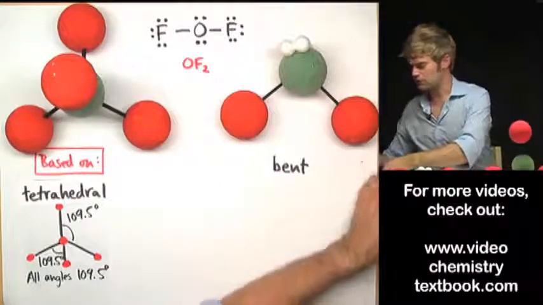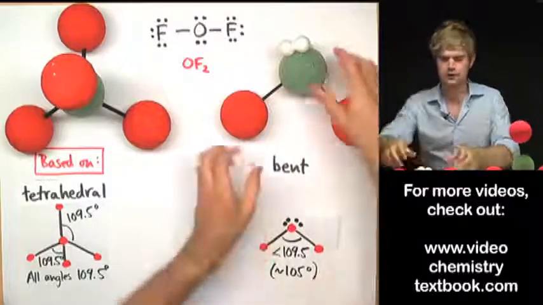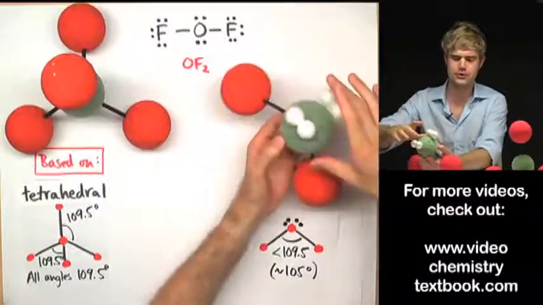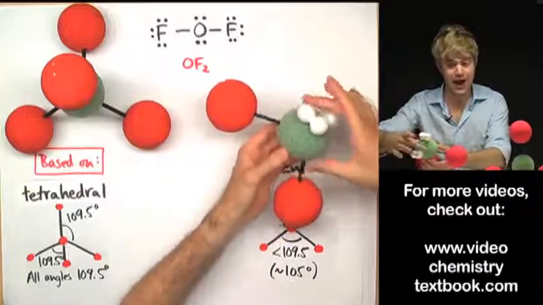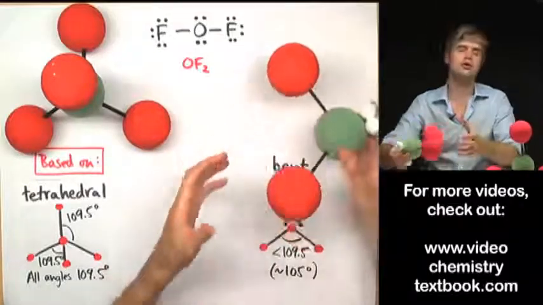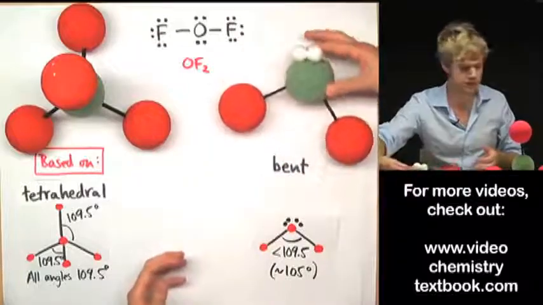And for angles, these unshared electron pairs are going to push these atoms together harder than other atoms would, okay? Because those unshared electron pairs need a little bit of extra space.